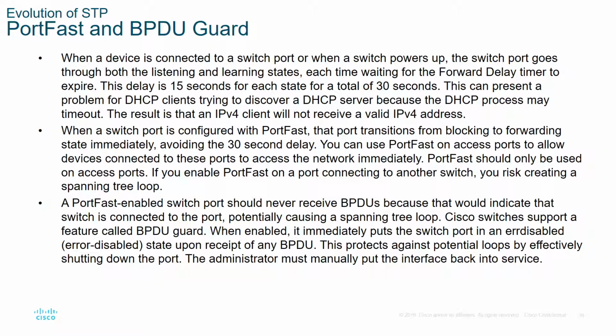When that's enabled, it immediately puts the switch port into an error-disabled state upon receipt of any BPDU. That protects against any potential loops by effectively shutting down the port. The administrator must manually put the interface back into service.